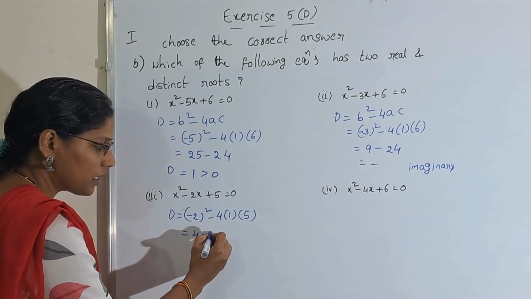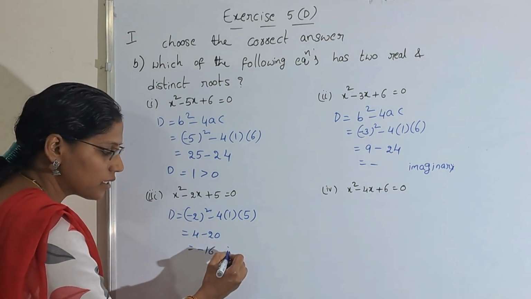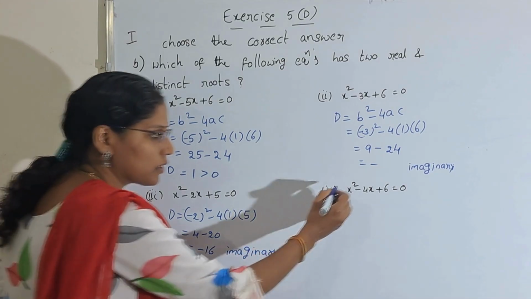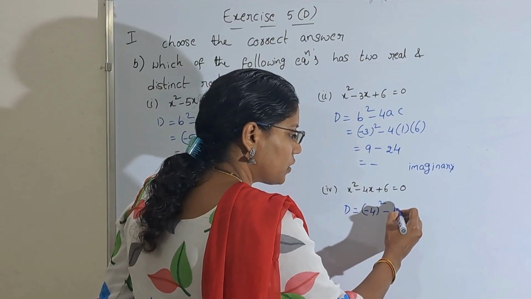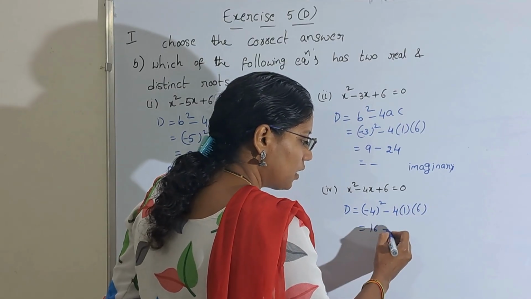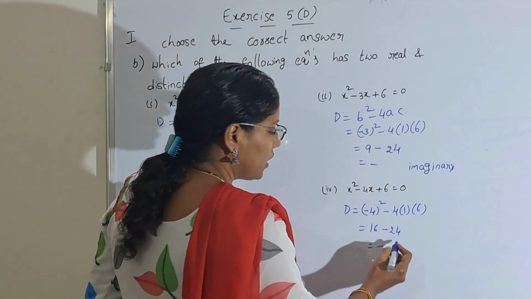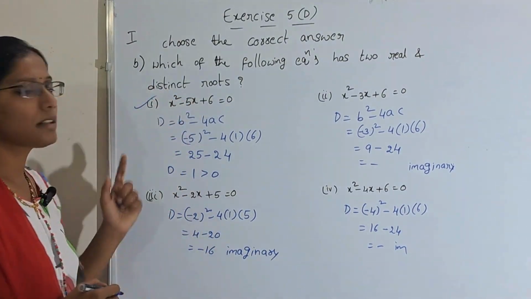Here 4 minus 20. Here also a negative value is coming. Here imaginary roots. Here d is equal to minus 4 whole square minus 4 into 1 into 6. Here 4 fours are 16 minus 24. This is also imaginary roots. Which one is correct? Our option 1 is correct.